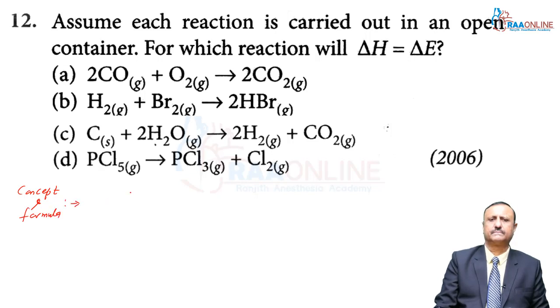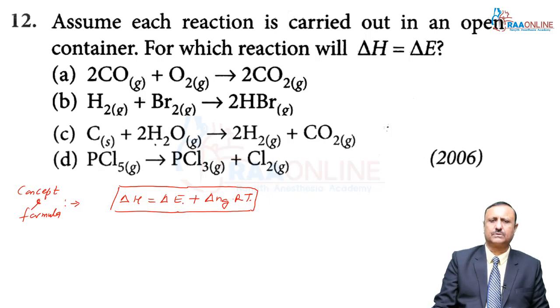Here we can see delta H is equal to delta E plus delta NG RT. This is a formula we can use. And what is the delta NG, my dear friends? Delta NG is the NP minus NR.